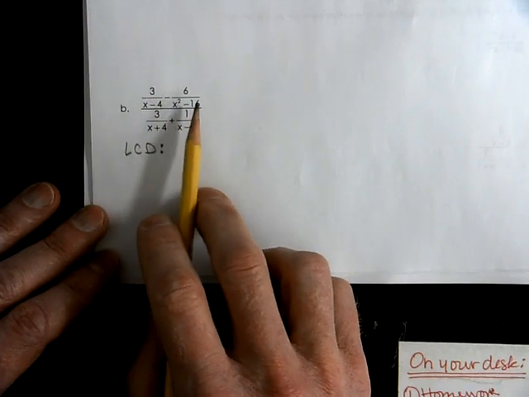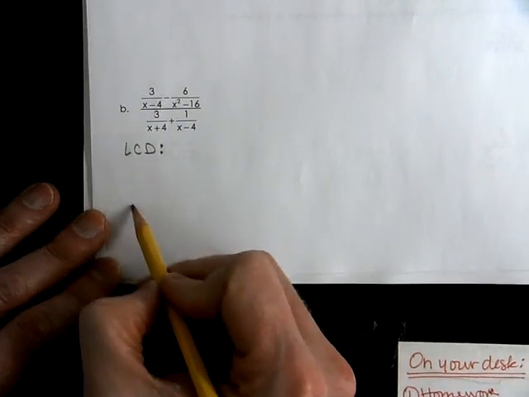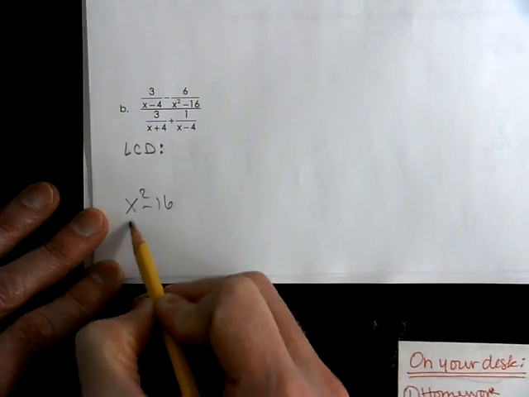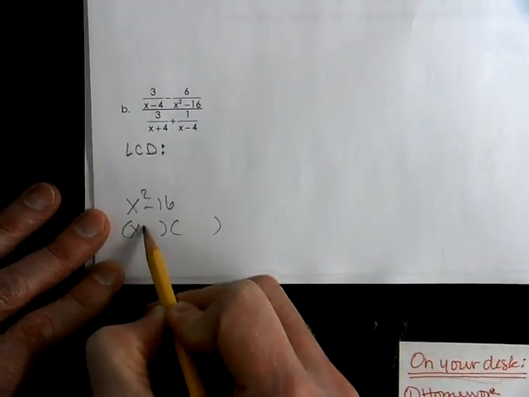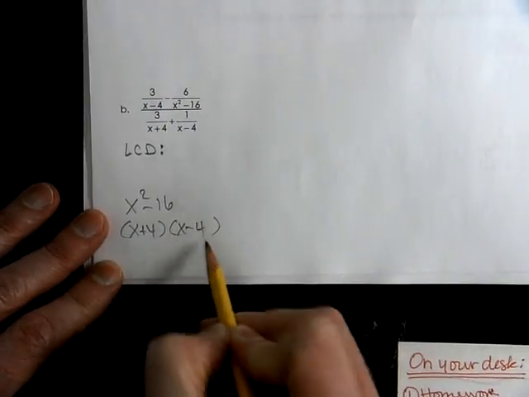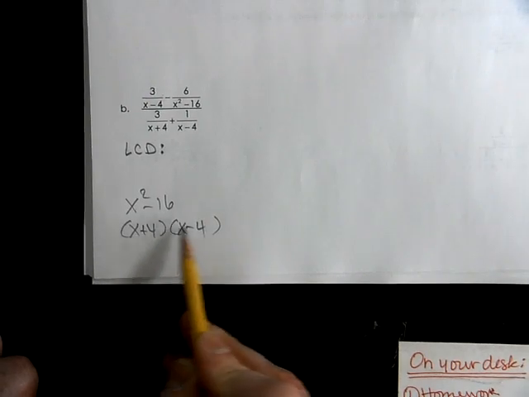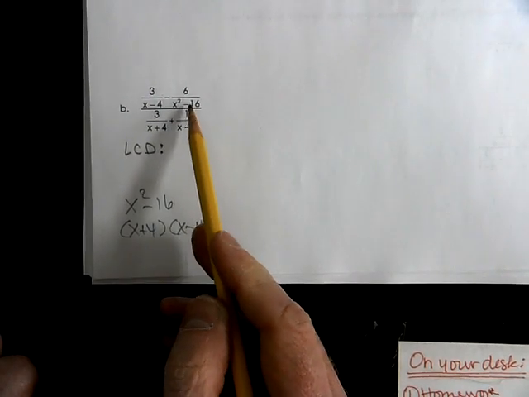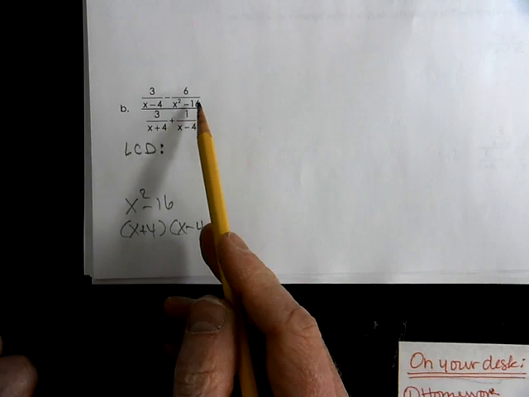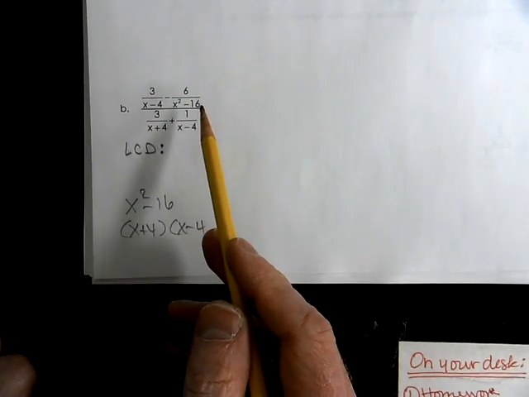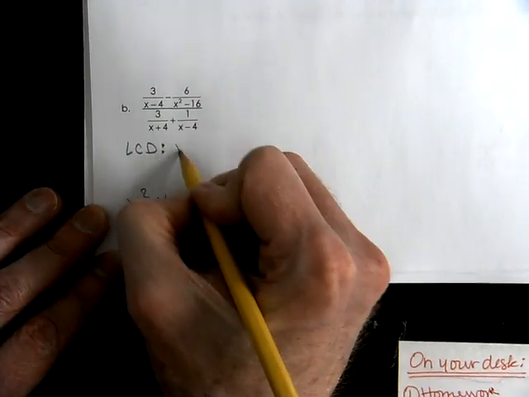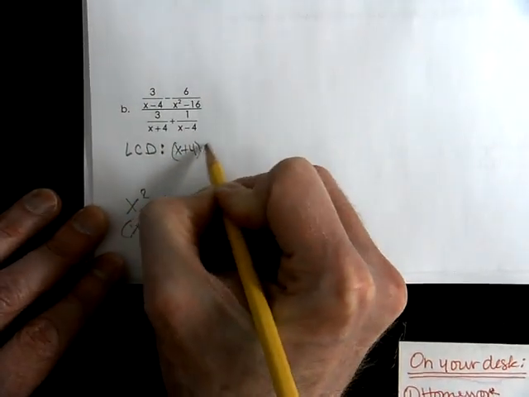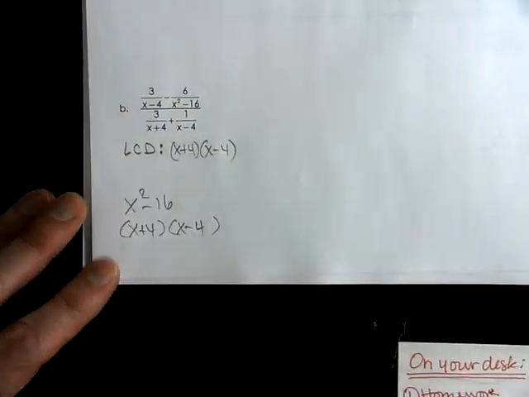What's this going to be when we factor it? So this is x plus 4, x minus 4. So this has one of each. So don't they all have to have one of each? You agree with that? Yeah. So the LCD is going to be x plus 4, x minus 4.